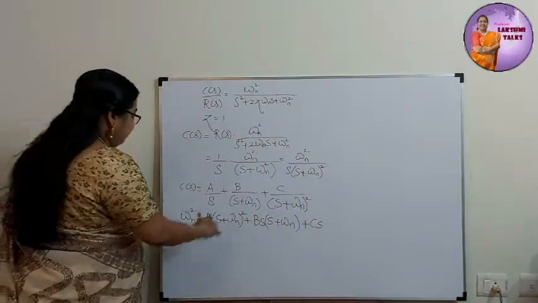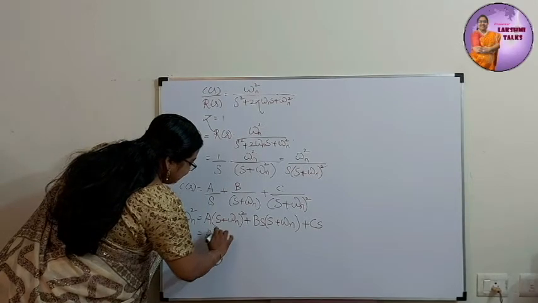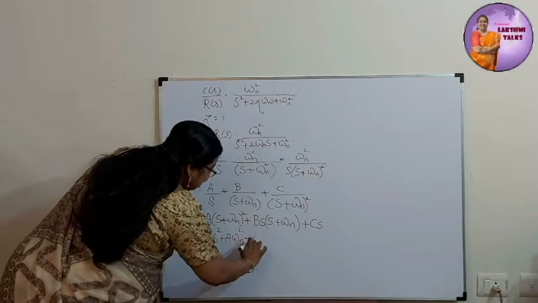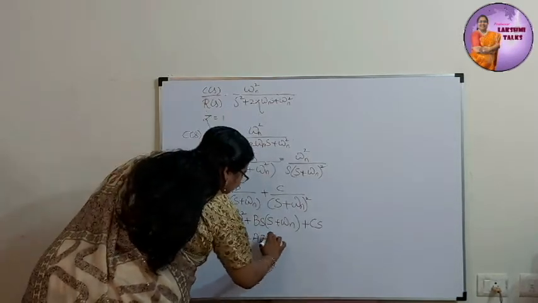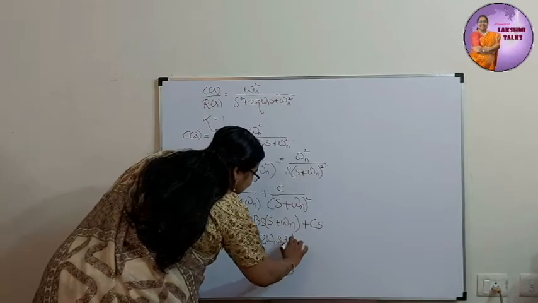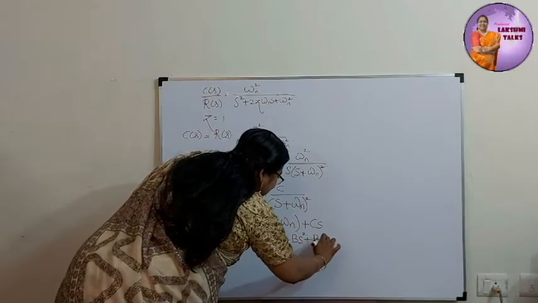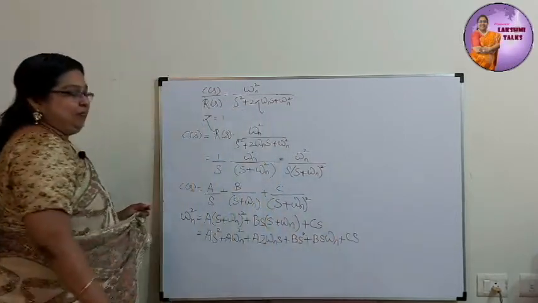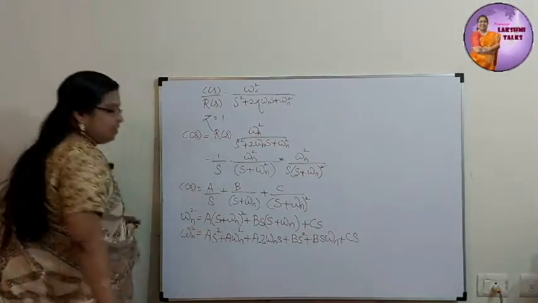Right? So when you expand this, what do you get? a s square plus a omega n square plus a 2 omega n s plus b s square plus b s omega n plus c s. Right? So left hand side we have omega n square.